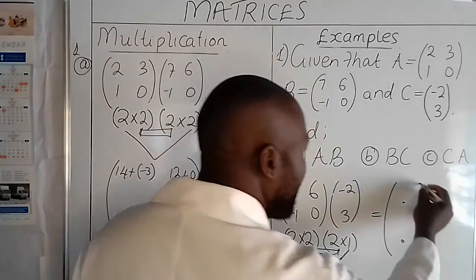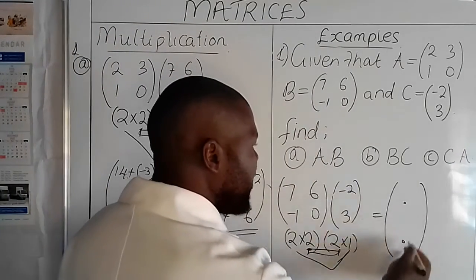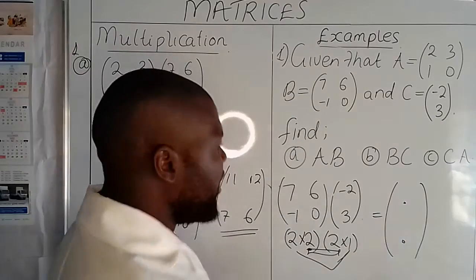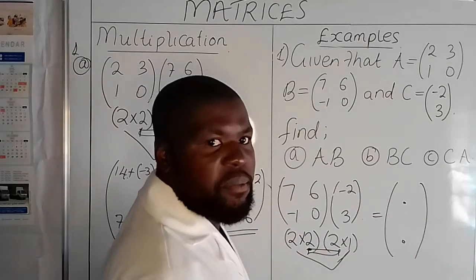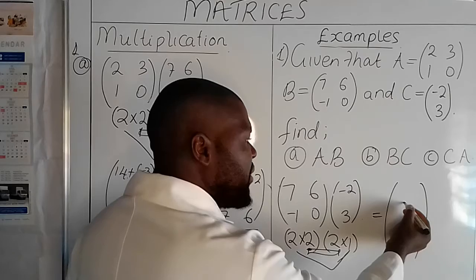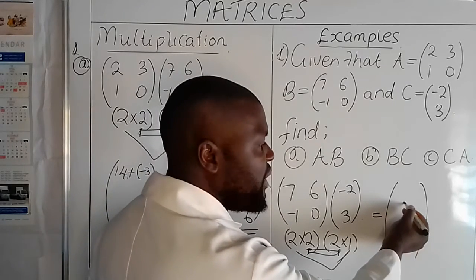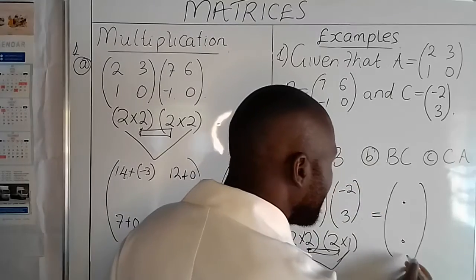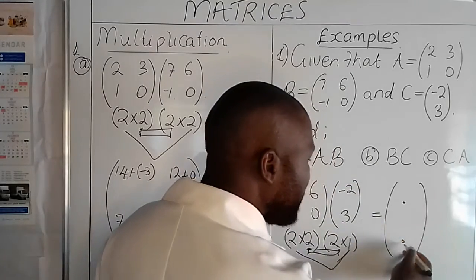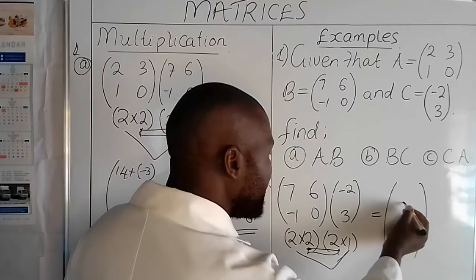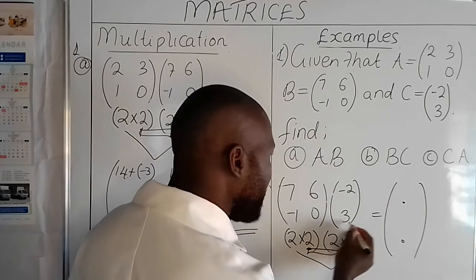A 2 by 1 matrix will be in this form. We shall have 2 rows and 1 column. So let's get the element which should be here. This element is in row 1, column 1. So we shall multiply row 1 by column 1.